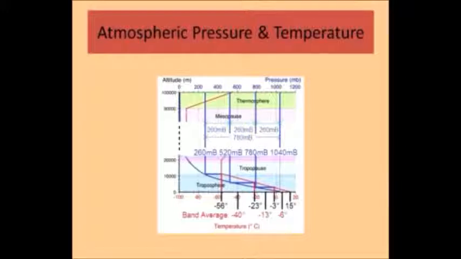Band 2 goes from 780 to 520 millibars and band 3 from 520 to 260 millibars. Band 3 temperature ranges from minus 56 to minus 23 degrees centigrade. That's an average of minus 40.